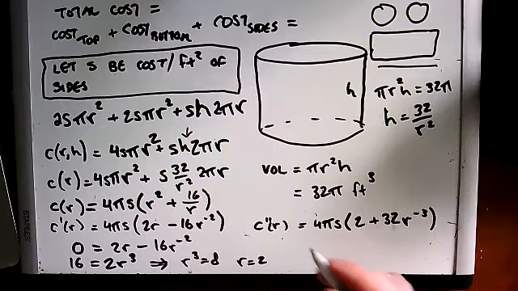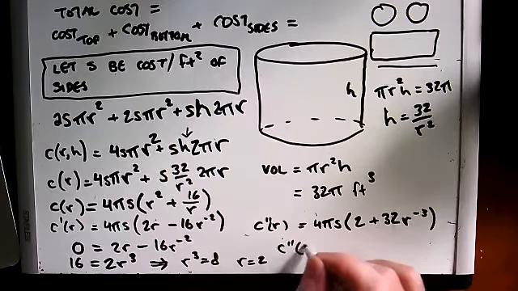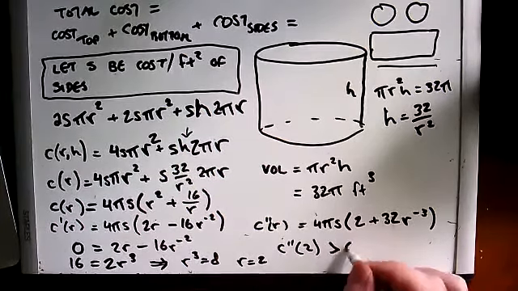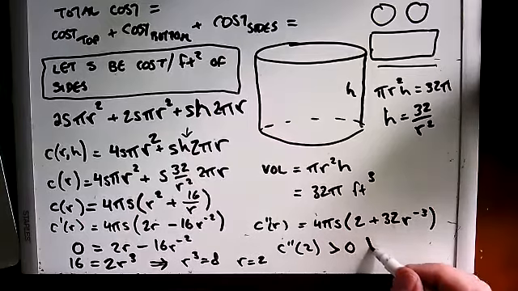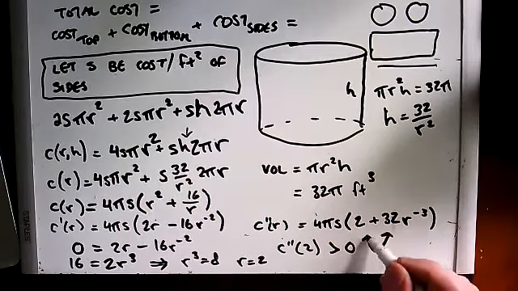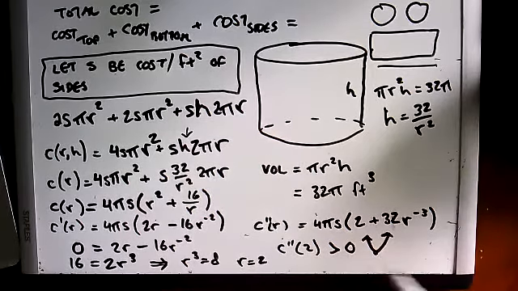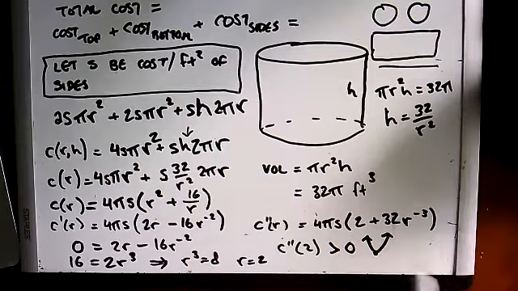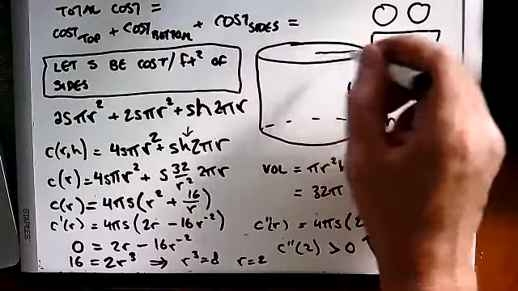So this whole c double prime of 2 has to be greater than 0. That means we have a concave up function. And by the second derivative test, a minimum then occurs at r equals 2. Okay, so we've now found one of our 2 dimensions. We've found that the radius should be 2 feet.